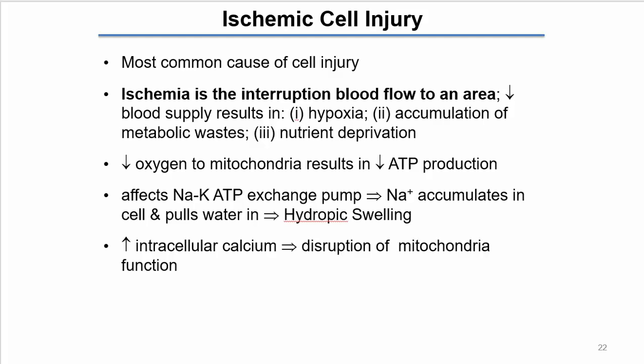It stresses the plasma membrane and things. Now, at the same time, intracellular calcium levels are going up, and this disrupts the mitochondria, as I said before, which then results in even less ATP production.